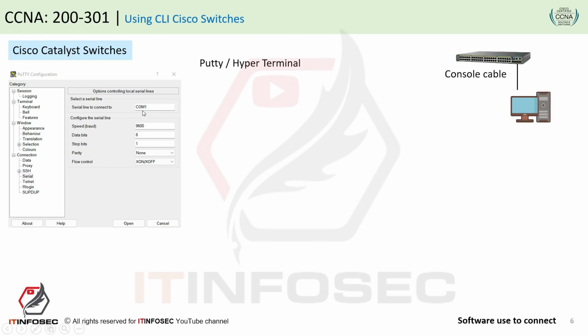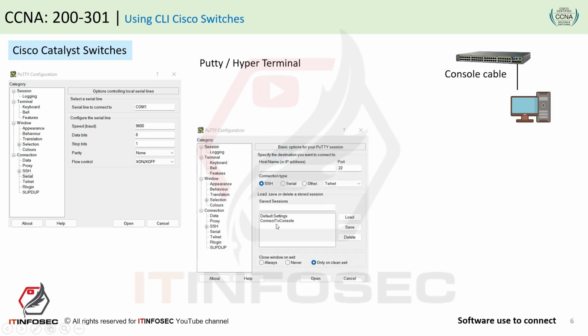Okay, in this example, COM1, and you should set the lowest speed for configuring, 9600. Data bits must be 8, stop bits must be 1, parity none, and flow control also none, such as parity. Both of them should be set to none. Then you can save.